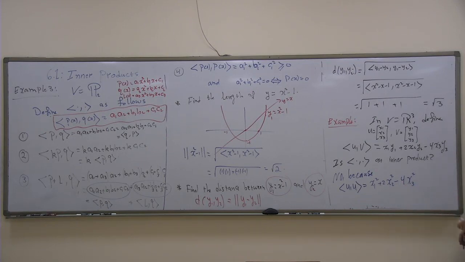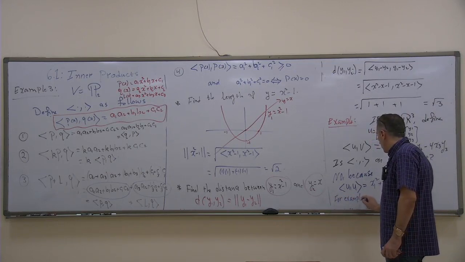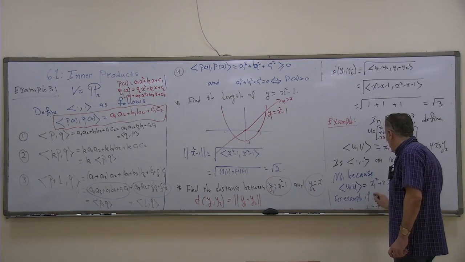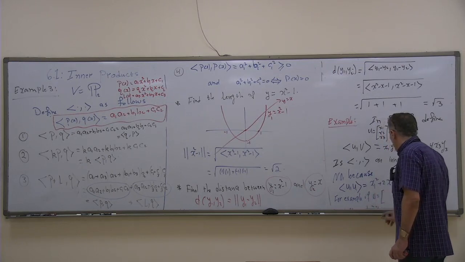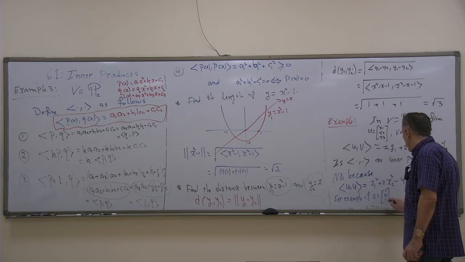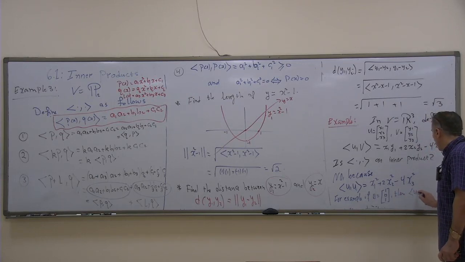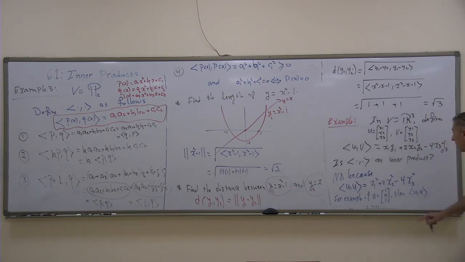So, for example, if your u is, let's say here 1, here 0, and here 1, then the inner product of u with itself is going to be 1 plus 0 minus 4, and that is negative 3. It is not positive or 0.